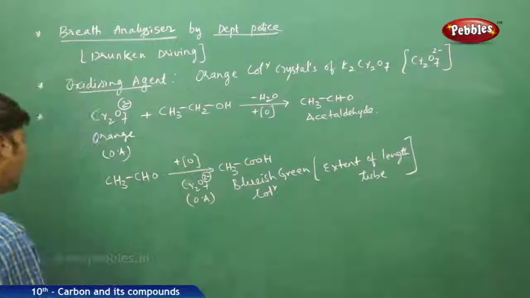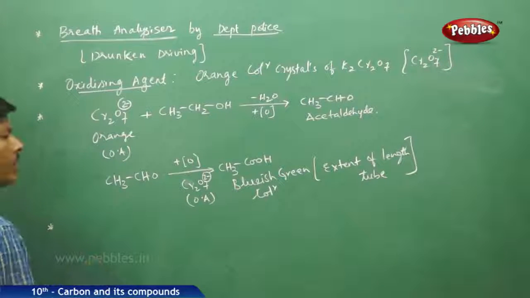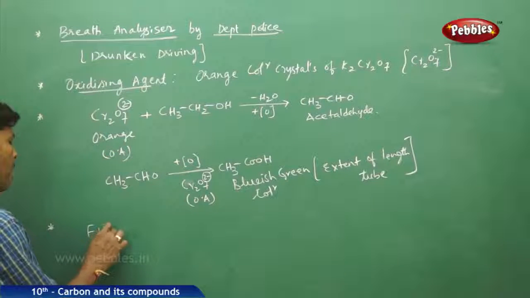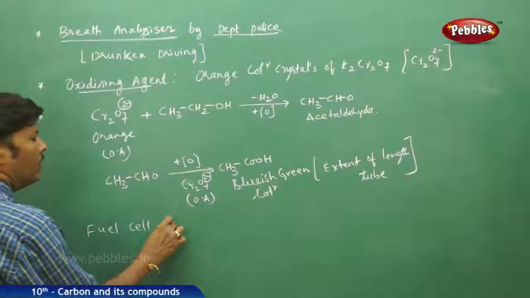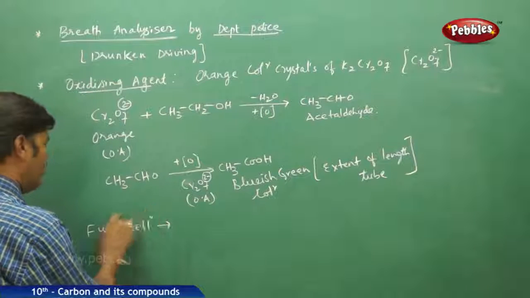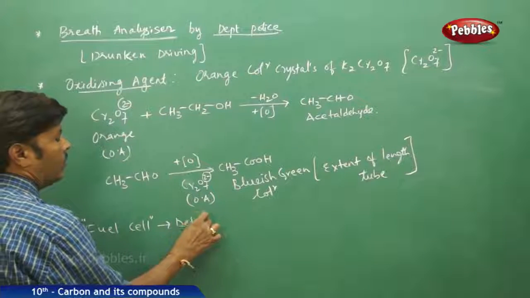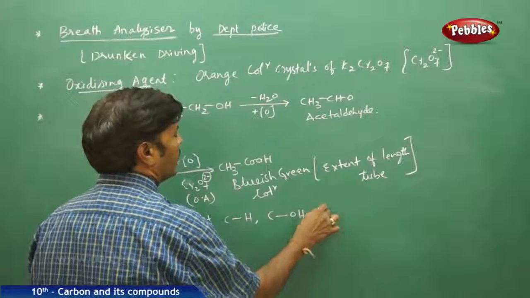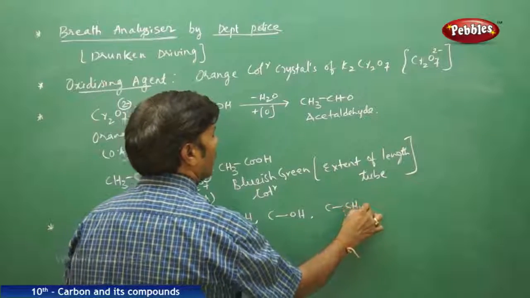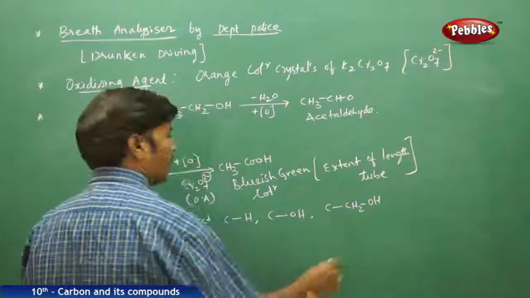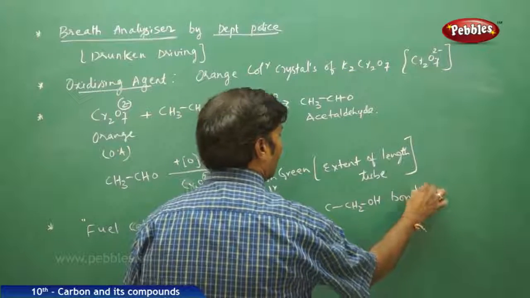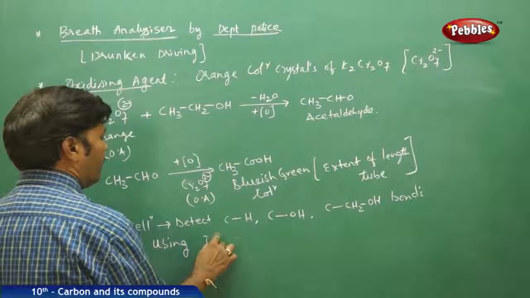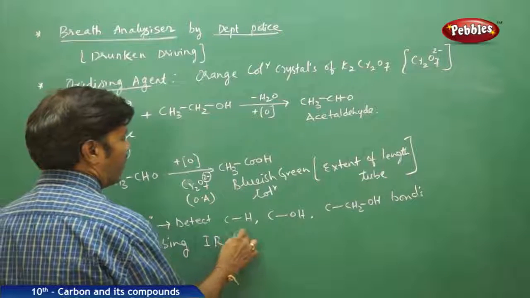accidents. Not only that, nowadays the Department of Police is also using a fuel cell. This fuel cell is used to detect carbon-hydrogen, carbon-oxygen of alcohol, and carbon-carbon bonds using infrared spectroscopy.